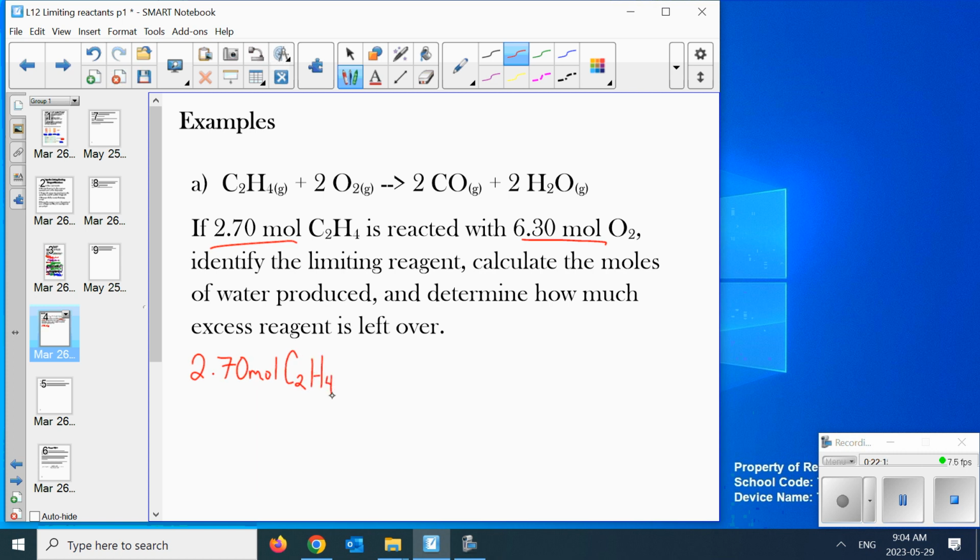I'm trying to figure out if all of the C2H4 reacts, how many moles of oxygen are needed. I'm going to use the balanced reaction. We've got one C2H4 for every two oxygen, so doubling that up, I can do that one in my head, 5.4 moles of oxygen needed.